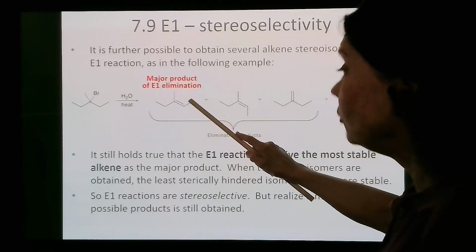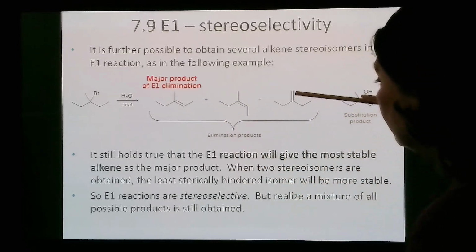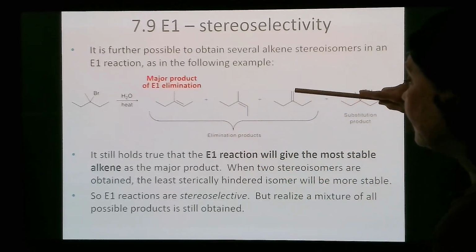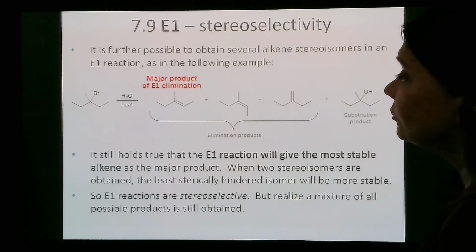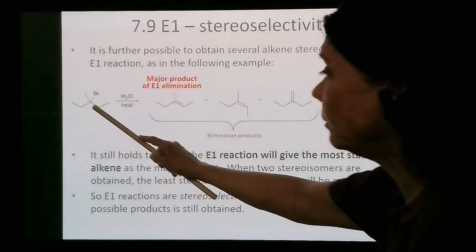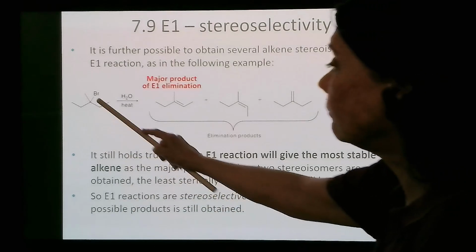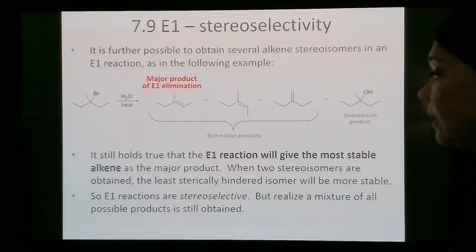These are the Z and E alkenes, and then you get this terminal alkene. So there's 1, 2, 3 different alkenes possible from this reactant, in addition to the substitution product.